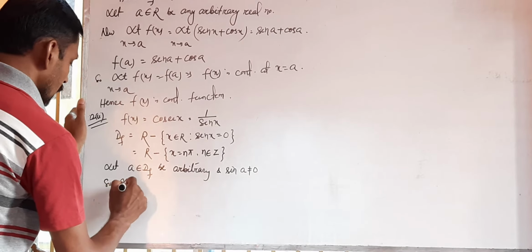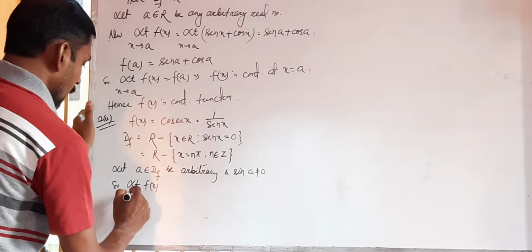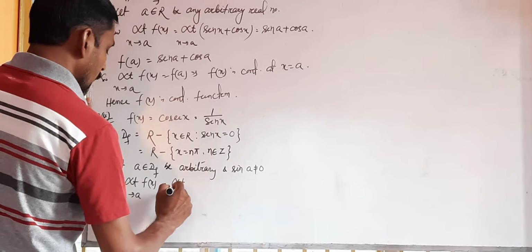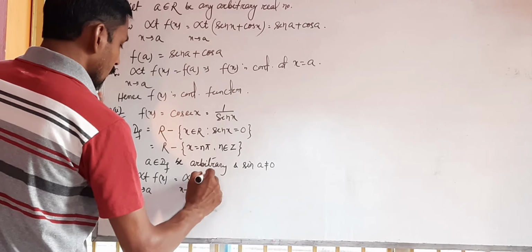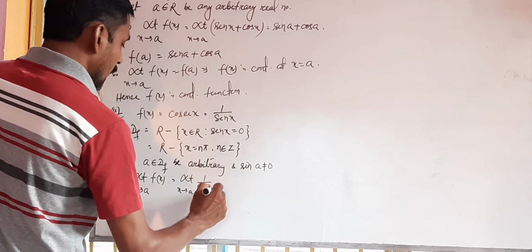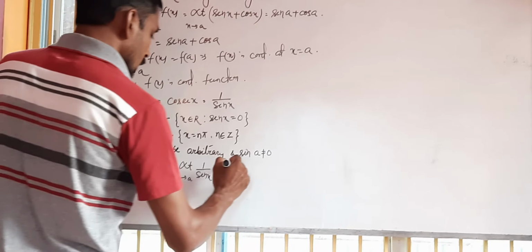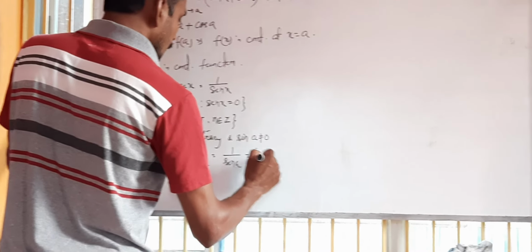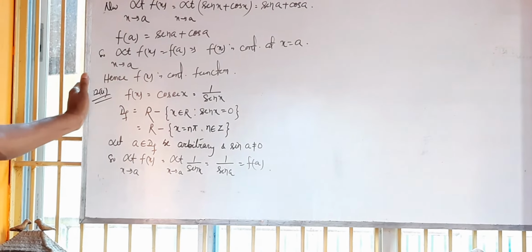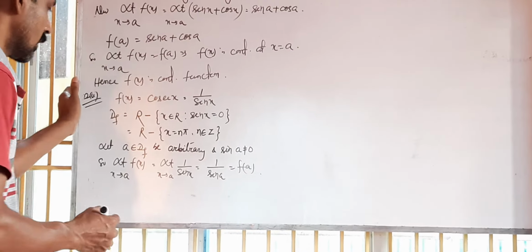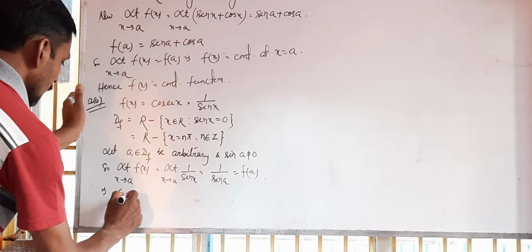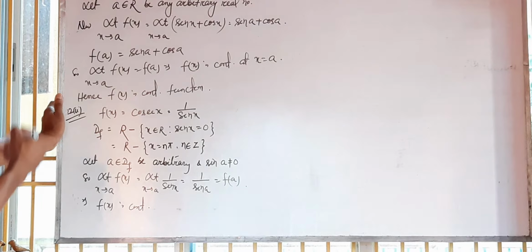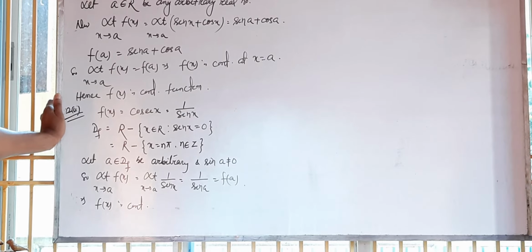So the limit of f of x as x tends to a of 1 by sin x is 1 by sin a, and will be equal to f of a because it is given sin a is not equal to 0. So this implies f of x is continuous. That means cosec x is continuous in its domain.